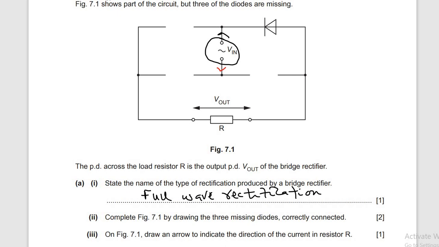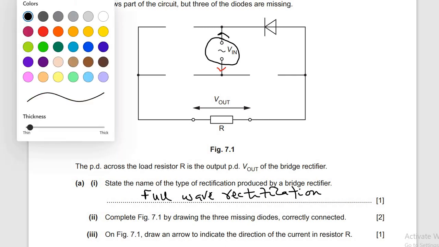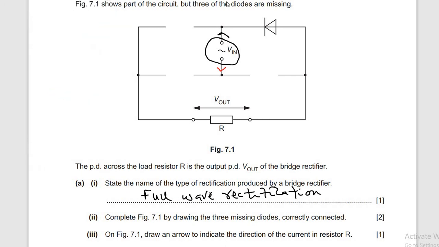And so now the question wants to test if you understand the flow well. If you reach this point, it can never go toward this side. It's impossible. Why? Because this is reverse bias.